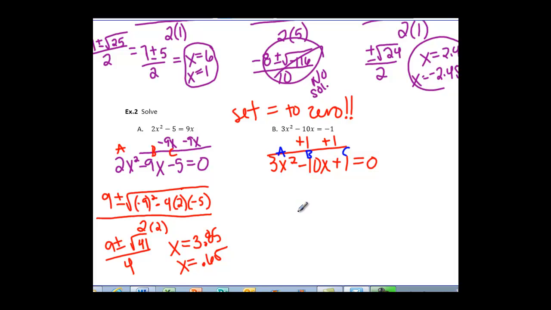I want you to work on this one all on your own, and then go ahead and check once you are finished. Okay, I'm going to continue writing this out, but I want you to pause, do it on your own, and then make sure that you are following the steps as you're checking your answer.